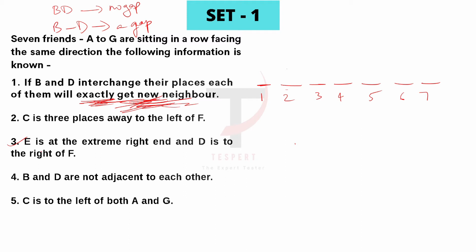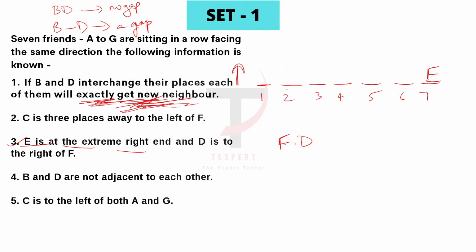Since these all are facing north, the right side will be here and the left side will be here. E is at the extreme right end, which means E is at 7.